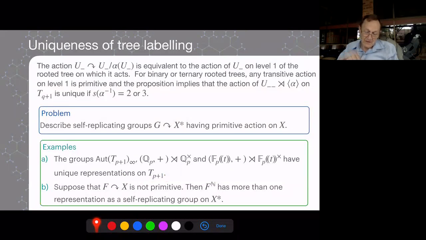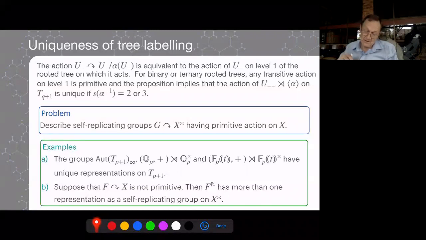On the other hand, if we just have some finite permutation group acting on X such that the action is not primitive, then the product over the natural numbers of our finite group has more than one representation as a self-replicating group on this tree, defined in terms of the symbols. So there are cases where the self-replicating group does not have a primitive action on level 1.